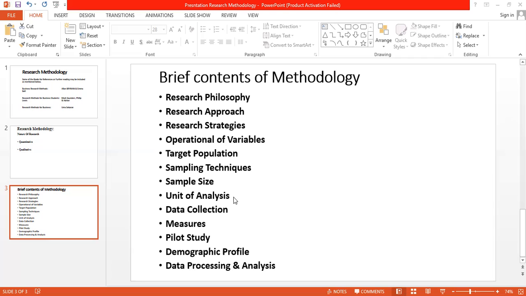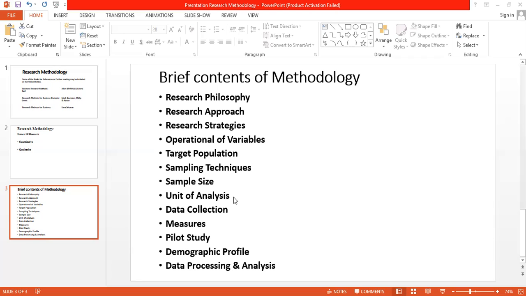For example, some of the variable answers are collected by one person, and some by the other person. So in this type of analysis, the unit of analysis will be a group of two people. For example, husband and wife, student and teacher, patient and doctor, etc.